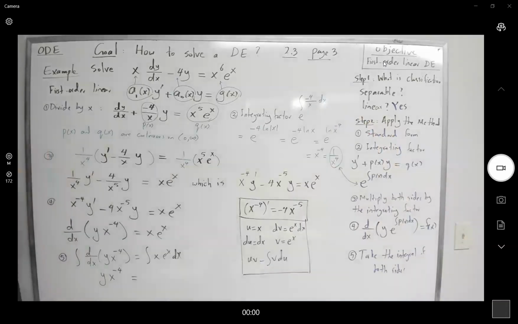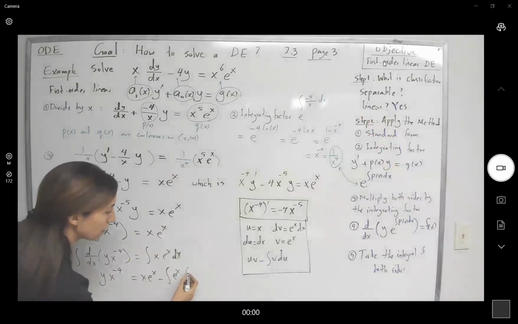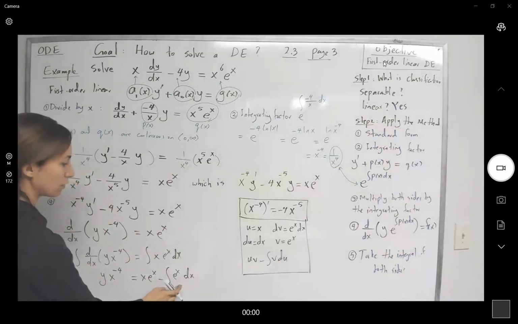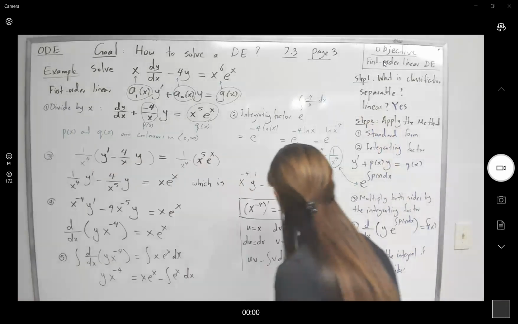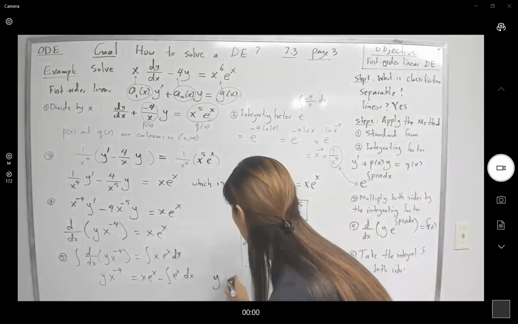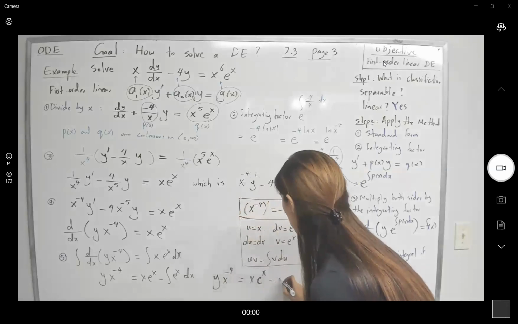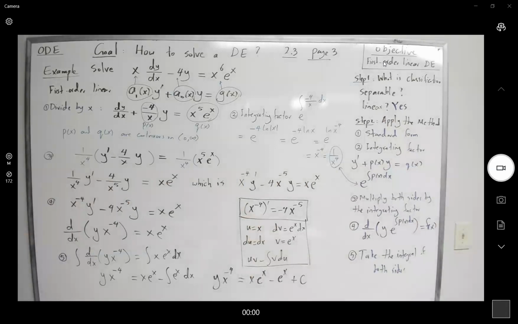So this becomes u times v, which is x e to the x, minus the integral of v du. And we all know that the integral of e to the x is just e to the x. So what happens? We got to the solution, which is written this way. Here you have y x to the -4 equals x e to the x minus e to the x plus the constant of integration.